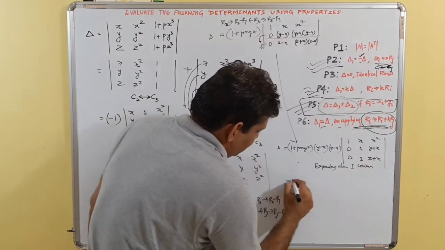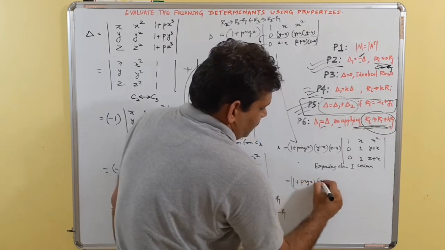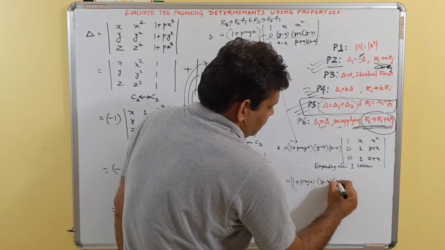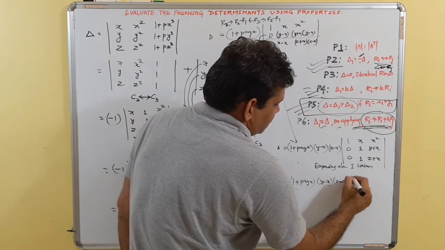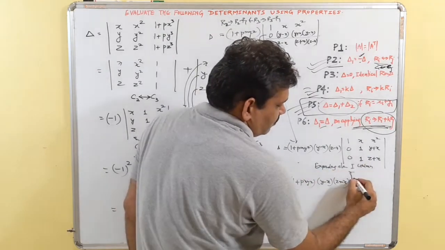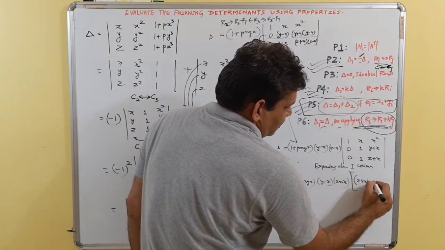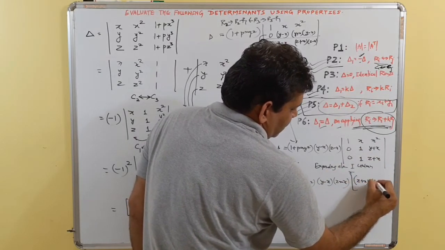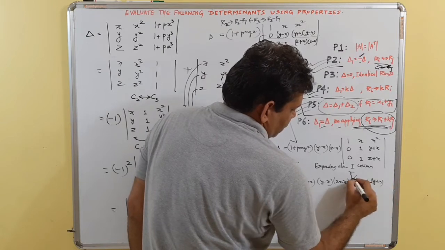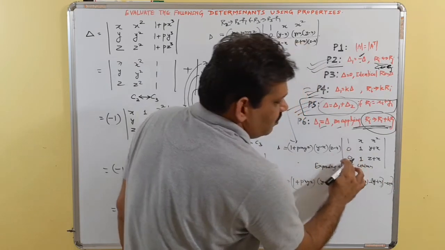What we get? 1 plus pxyz multiplied by y minus x multiplied by z minus x into, now the value is z plus x minus y plus x. 1 multiplied by this minus 0 plus 0, minus 0 plus 0.